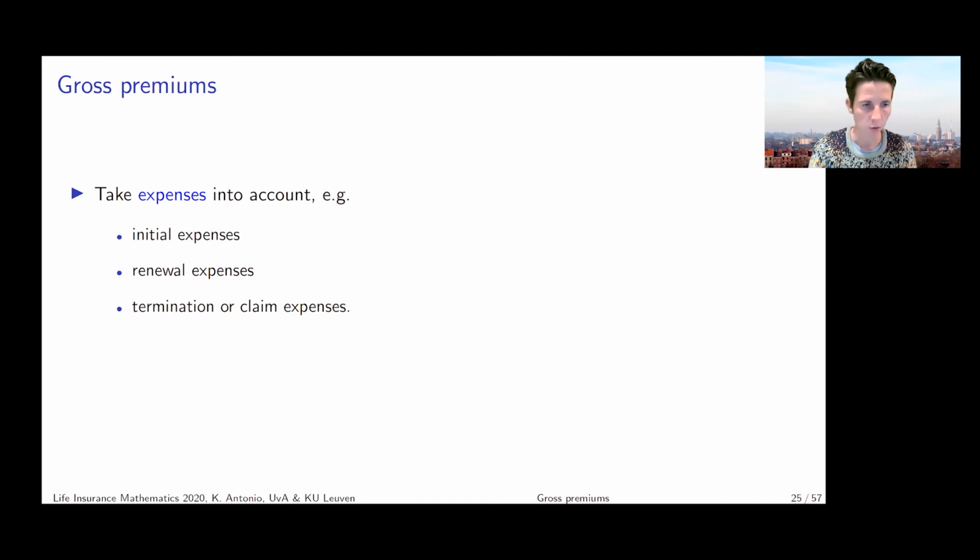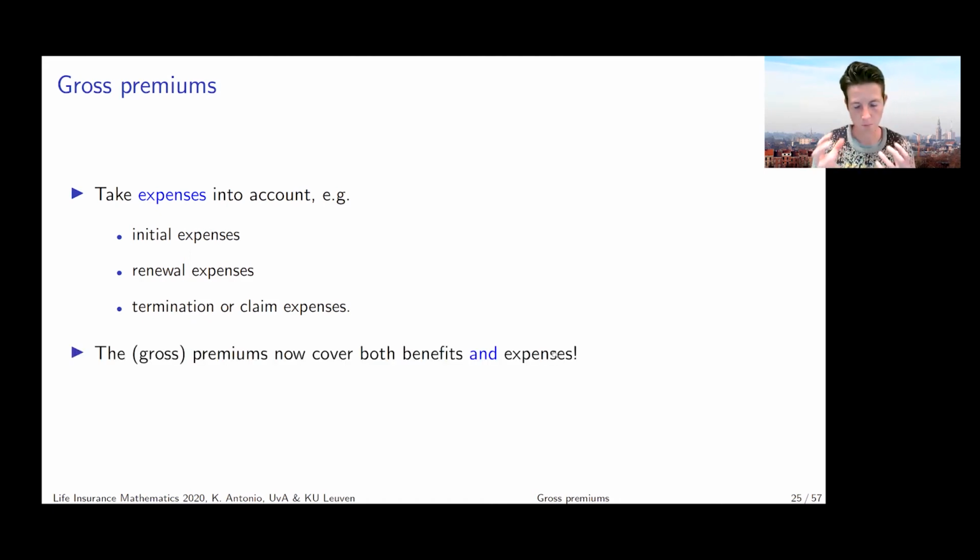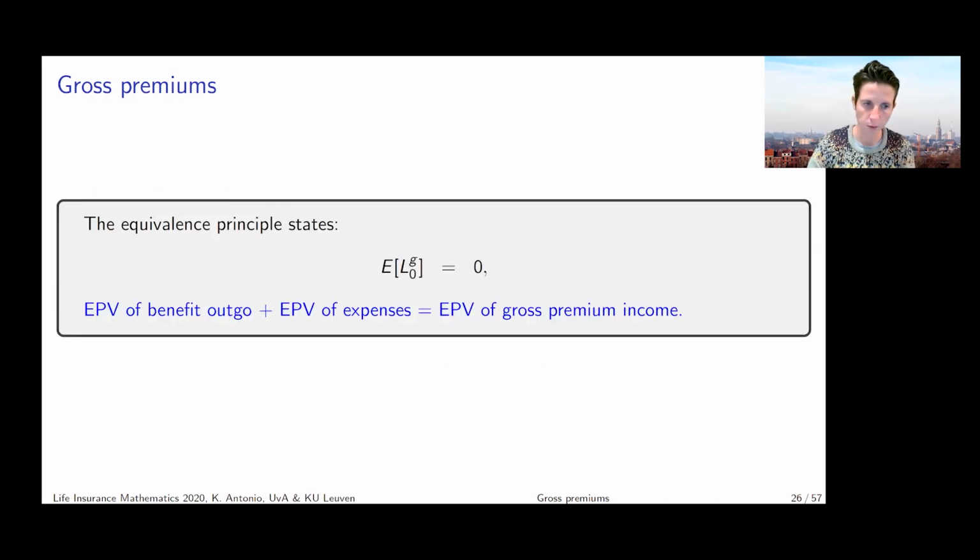So now we're going to reflect upon how to put these expenses and the benefits in your actuarial equivalence so that you can calculate premiums that also take these expenses into account. The crucial thing here is to put the EPV of the expenses with the correct sign, at the correct side of your actuarial equivalence.